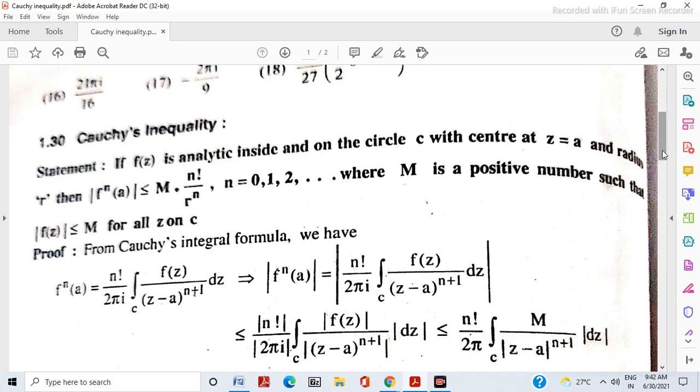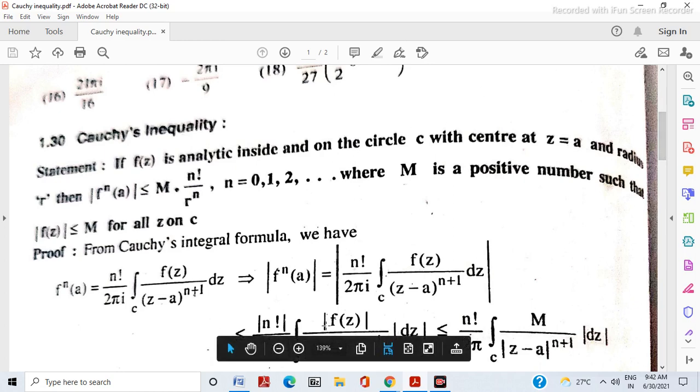But we need the modulus of f^(n)(a), so take modulus on both sides. Then modulus of f^(n)(a) is less than or equal to modulus of n!, which is n!, and modulus of 2πi is 2π. Then the integral over C of modulus of f(z) by modulus of (z - a)^(n+1) into modulus of dz.